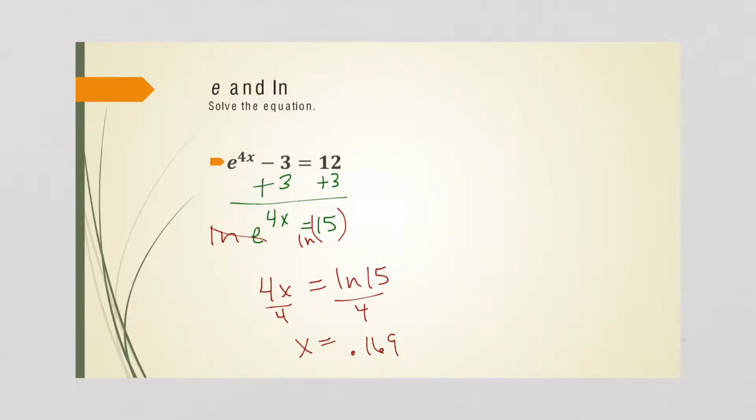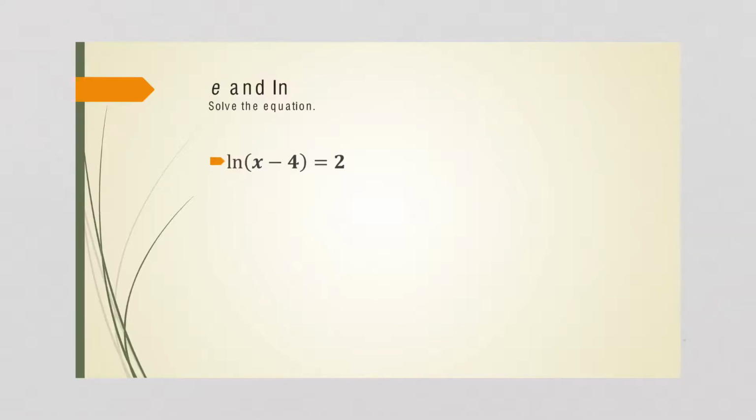Our next example is going to talk about how do I solve a natural log equation. Now, normally, we would change the log to an exponent, but because it's the natural log, we have to raise all sides to e to that power. So we have e to the natural log of x minus 4 equals e squared.